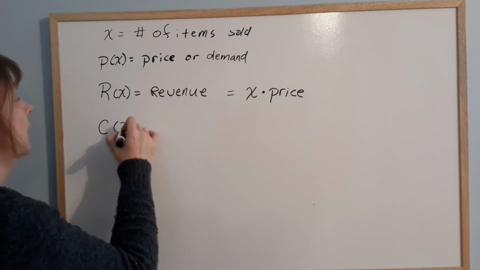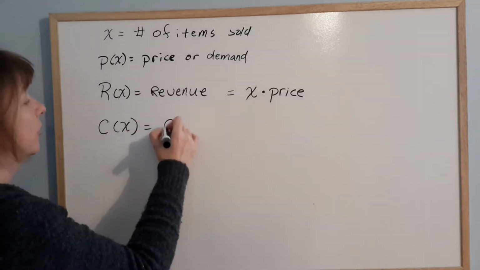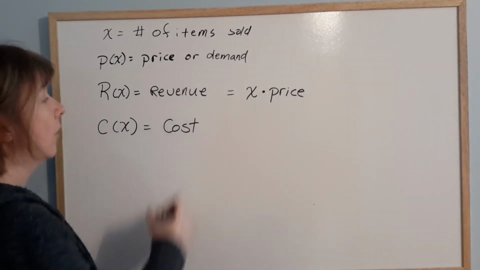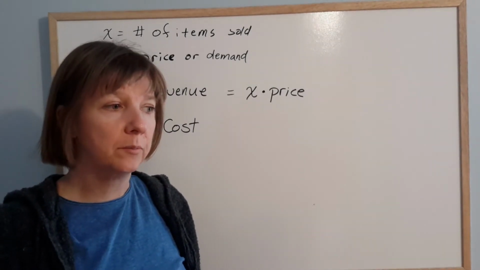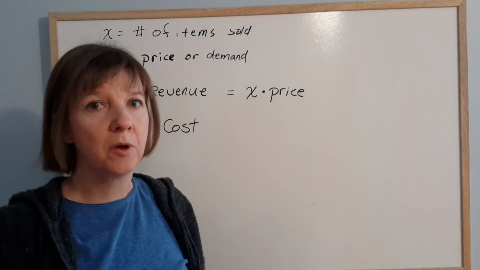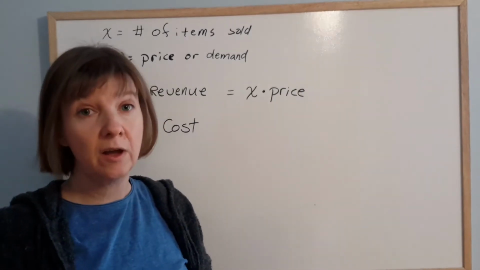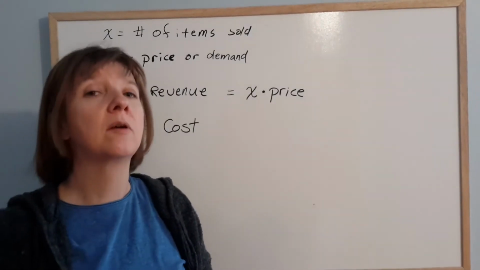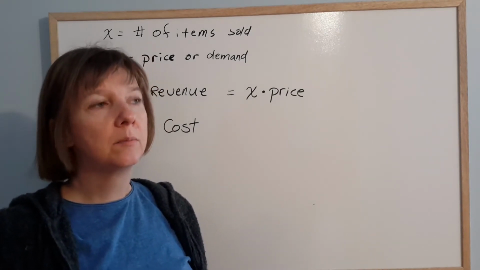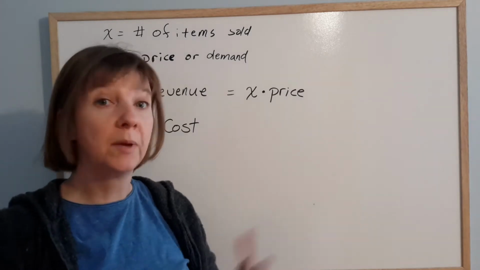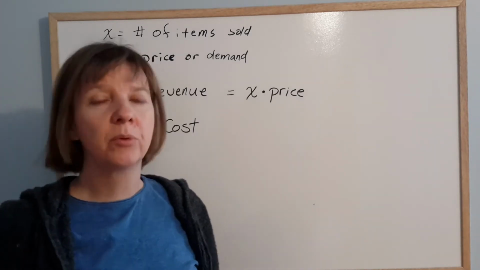Another one is C of X, which stands for cost. Costs are those things that you incur that you have to pay. If I'm going to sell my t-shirts, first I have to buy the t-shirts from someone who makes them. I might have to pay rent on my store. I might have to pay employees.